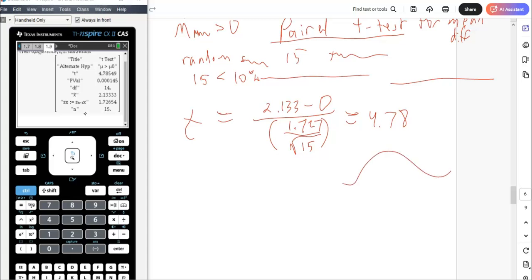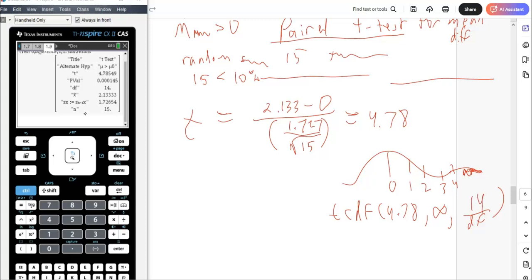You could graph it. I go 0, 1, 2, 3. I'm going to put 4 there, man. So it's like way out there, like a tiny little area, so tiny. So you could use t-CDF from 4.78 to infinity and put your degrees of freedom, which in this case was 14, right?